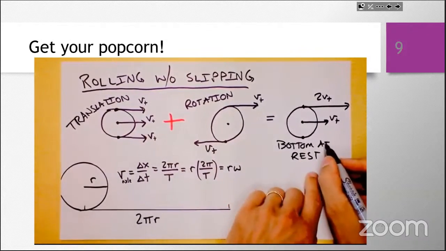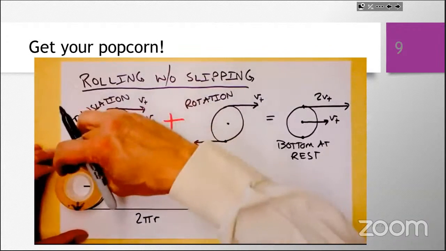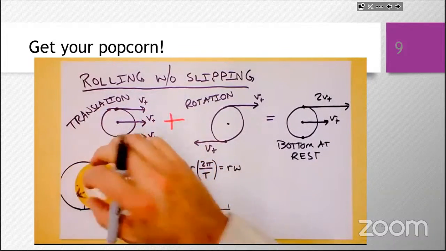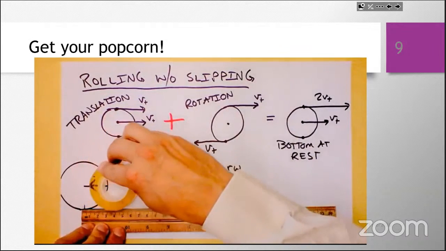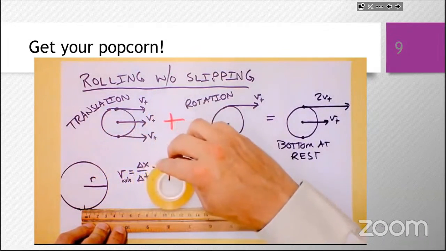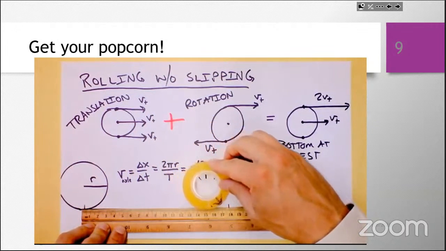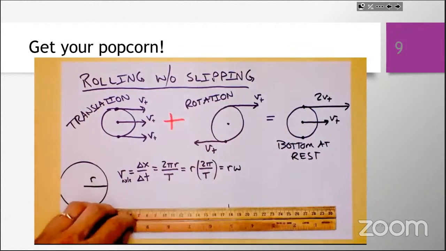If the bottom's at rest, then it looks like this. Let's go through this one more time. Watch this move. Notice that the bottom is always still. I'm going to put my ruler back. It makes it a lot easier to do this. The bottom is always still. It's always in contact with the ruler, unless I slip. This is supposed to be rolling without slipping. The bottom is in contact with the ruler at all times, and so it is in fact at rest.